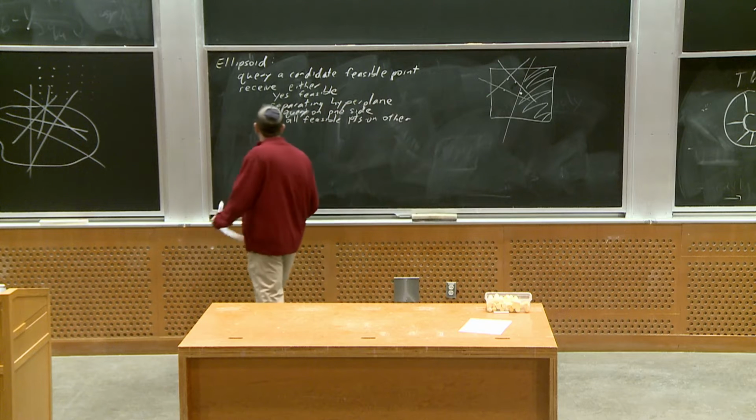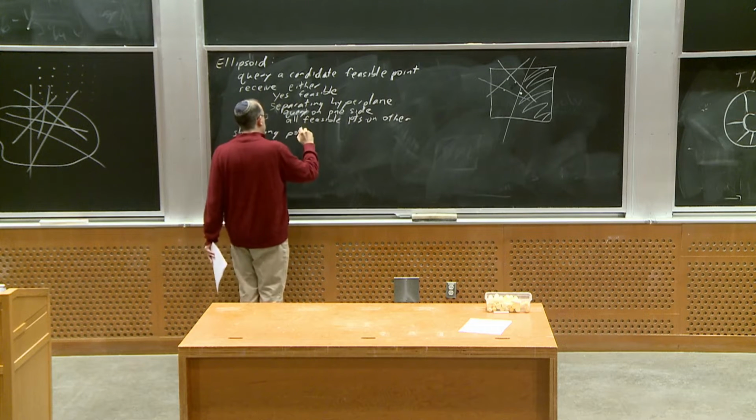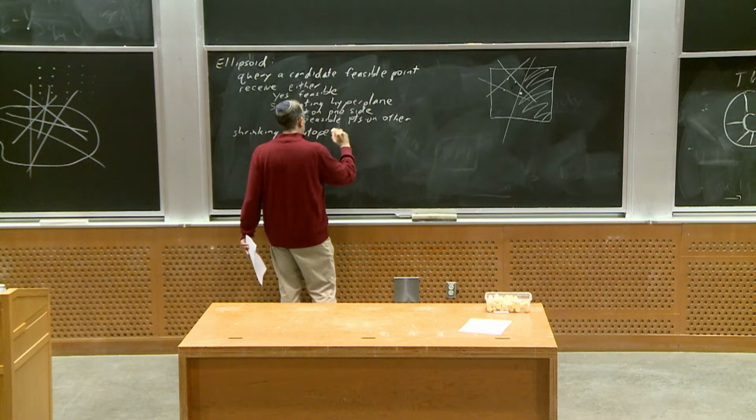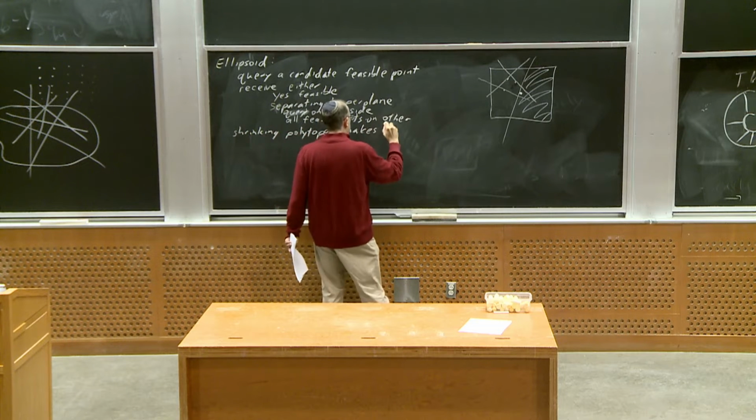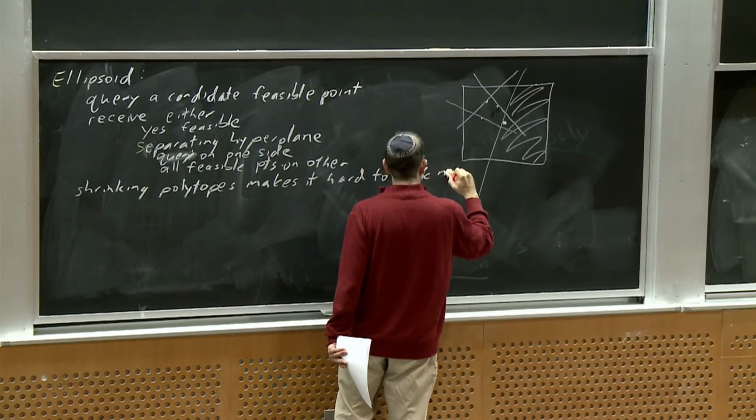Ellipsoids, okay? So, shrinking polytopes makes it hard to pick the next query point.